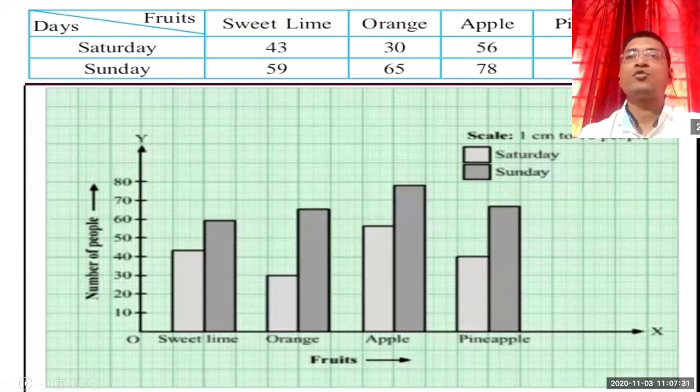So that is the difference between the days in juice taken by the people: sweet lime, orange, apple, pineapple. On Saturday, how many people took that juice, and on Sunday? The comparison between those two days. We will see the next slide.